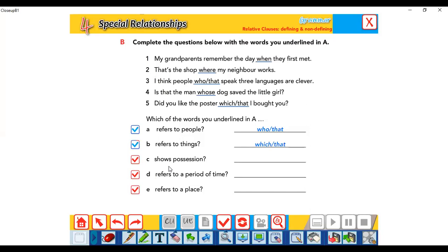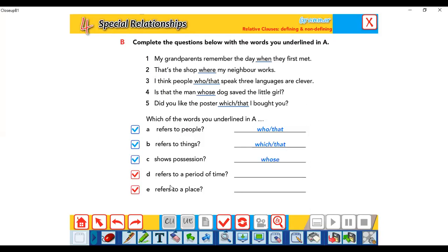Which one of these, pay attention, Layla, shows possession? Rahaf? Yes, Rahaf Mahmoud? We are in number C. Which one of the words shows possession? If something belongs to someone or something. Whose? Whose, yes.